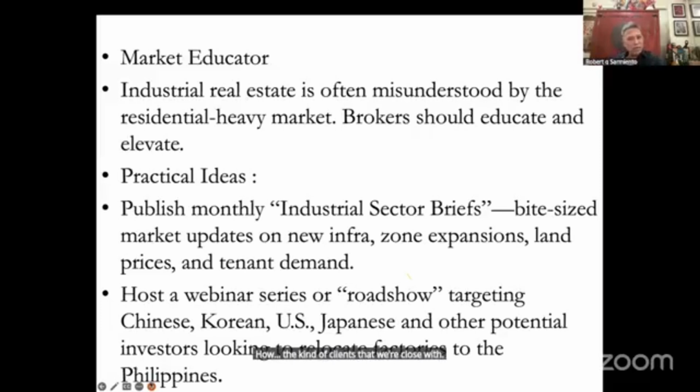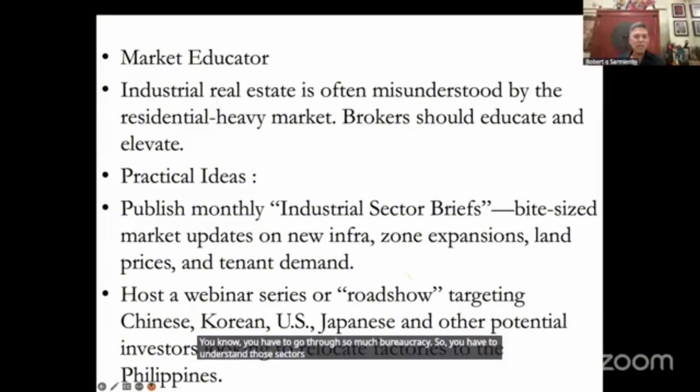So we always analyze. Is the transaction easy on a scale of 1 to 10? Was it too difficult? Did it take too long? You have to go through so much bureaucracy. So you have to understand those sectors, always analyze so that you can move forward and see if it's something that you'd like to work with, right?